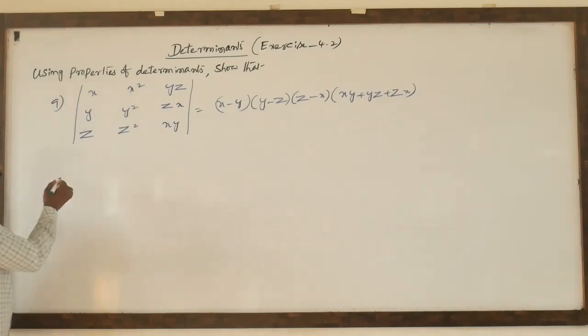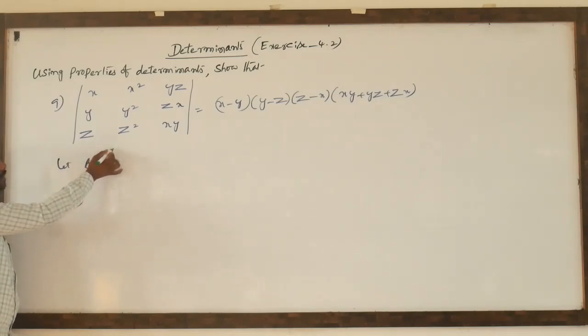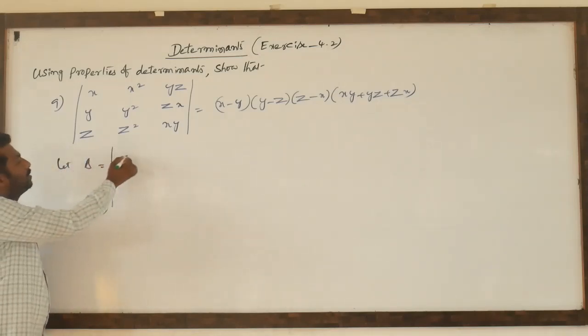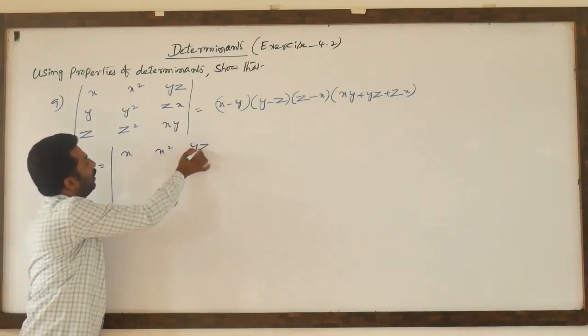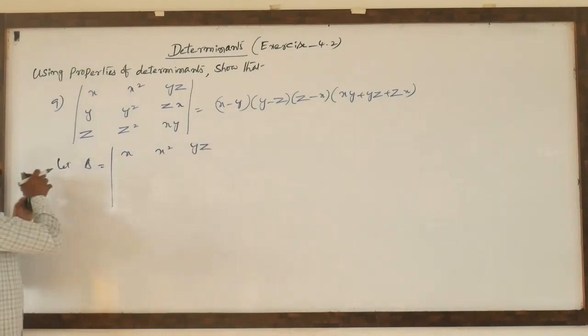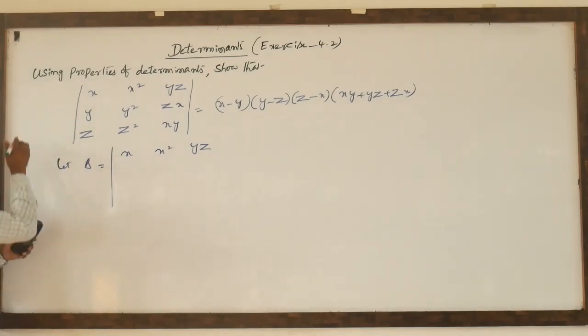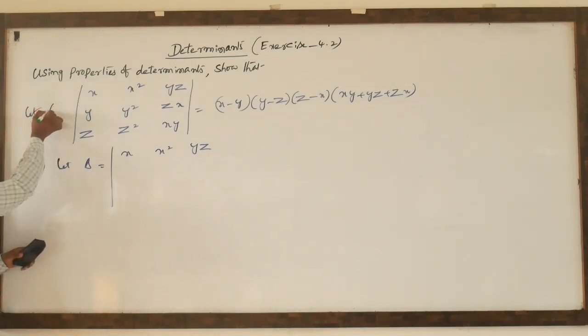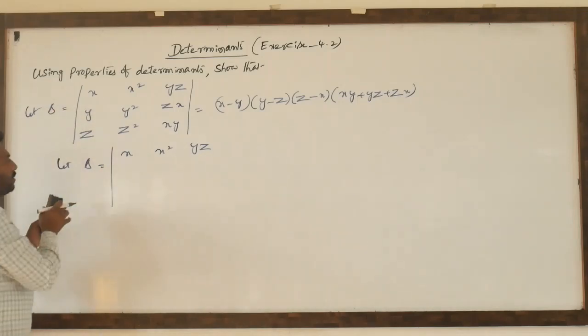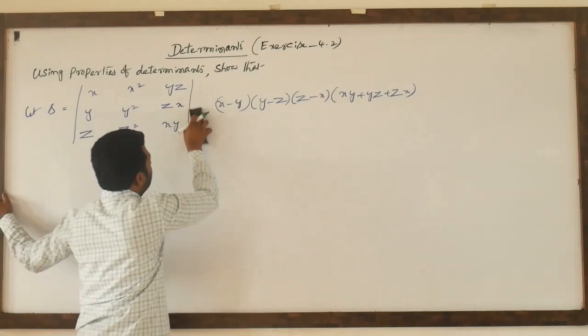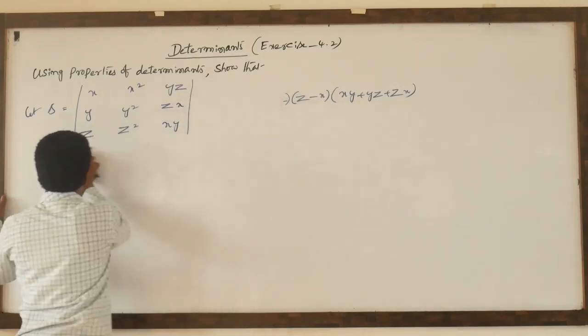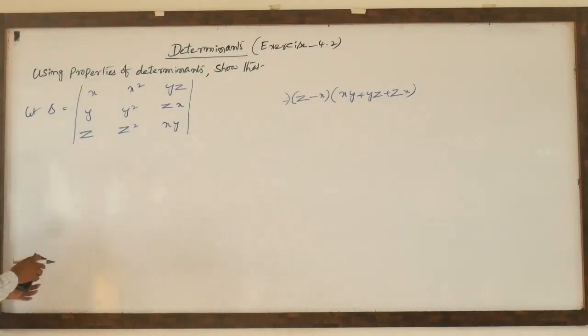You observe. Now I am taking LHS as delta. Because the space is not sufficient, that given data itself I am taking as LHS, nothing but delta.